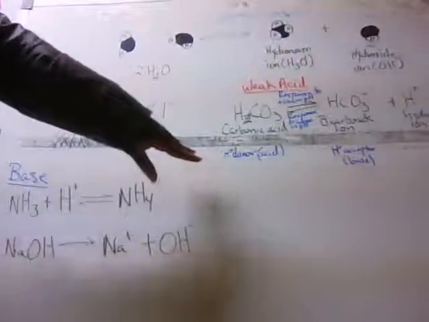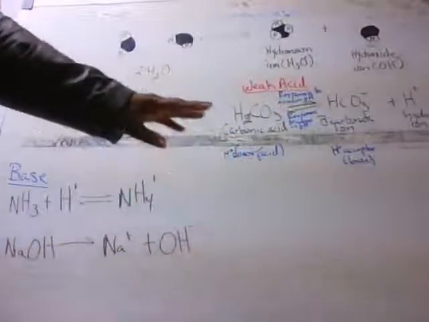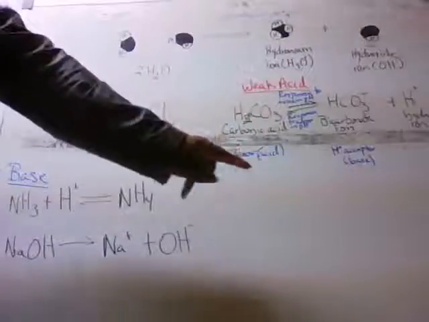And we can see here that for the carbonic acid, the hydrogen donor is the acid. And for the bicarbonate ion, the hydrogen acceptor is the base.